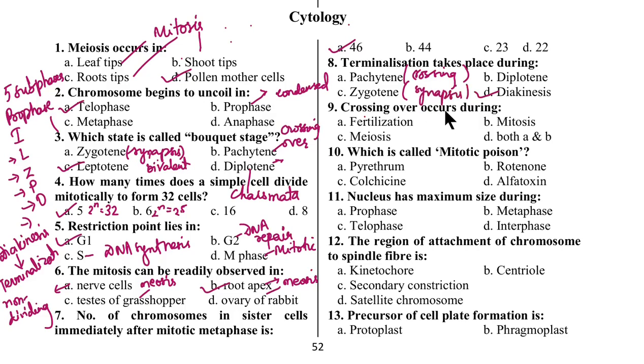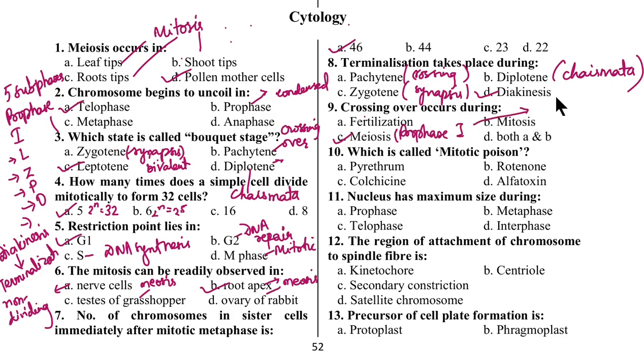In case of diplotene, chiasmata formation takes place. So crossing over occurs during? Obviously the answer is meiosis, in the prophase I.